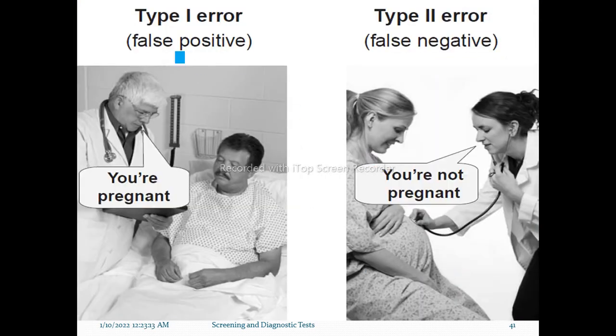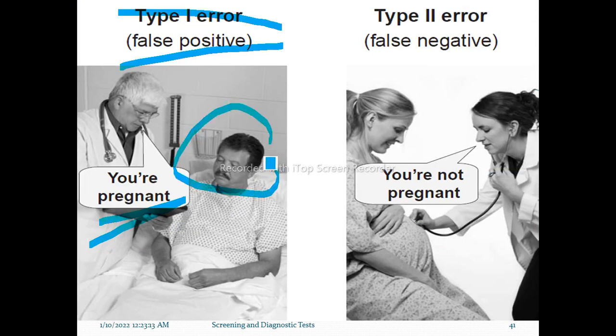Type 1 error means false positive. A false positive means telling a male individual that he is pregnant, but he is not pregnant in fact, because of an instrument problem.